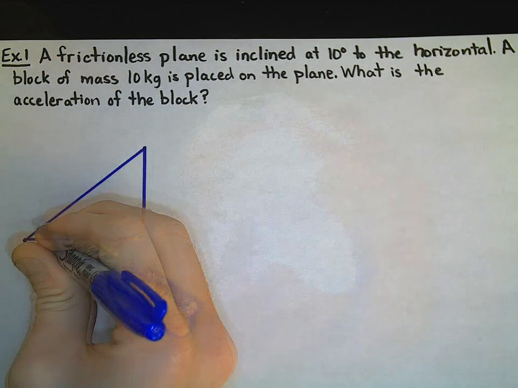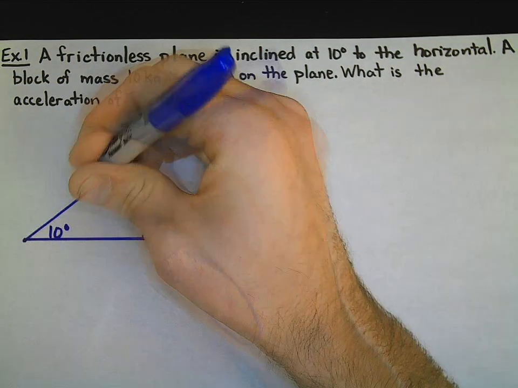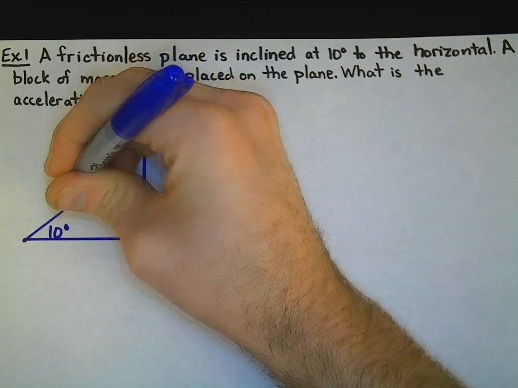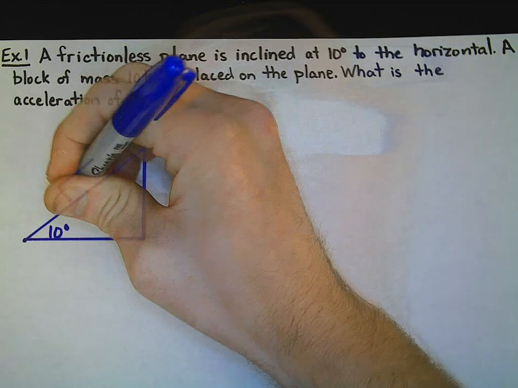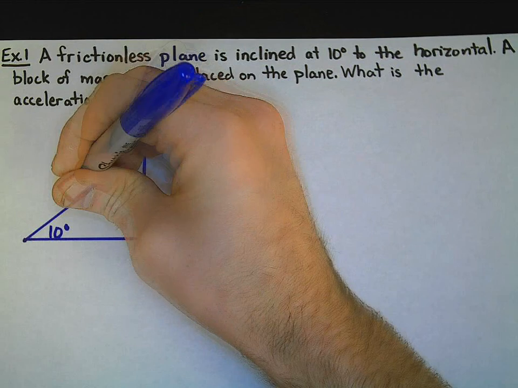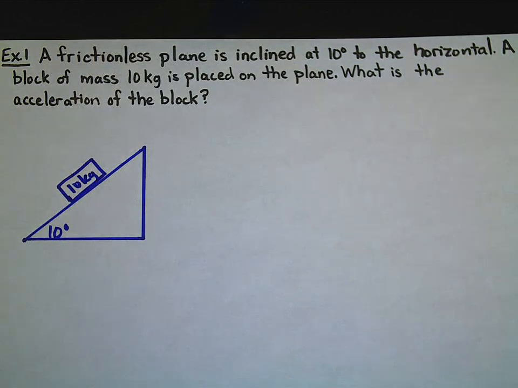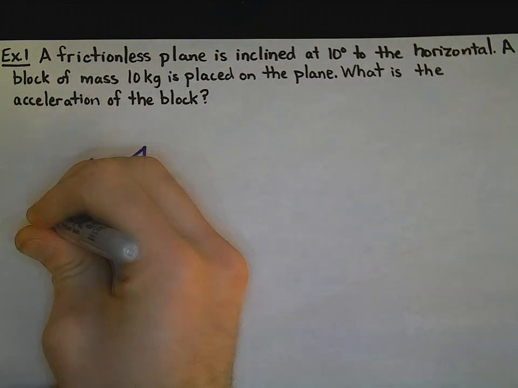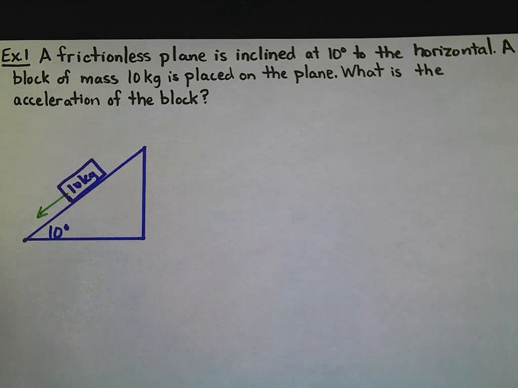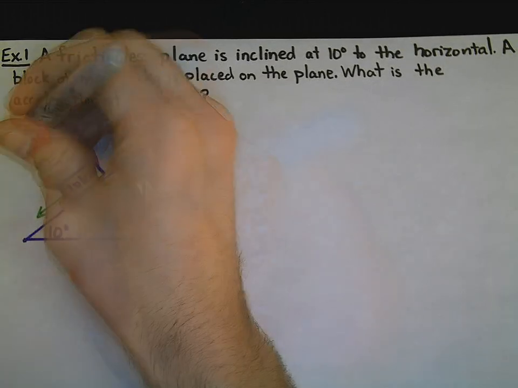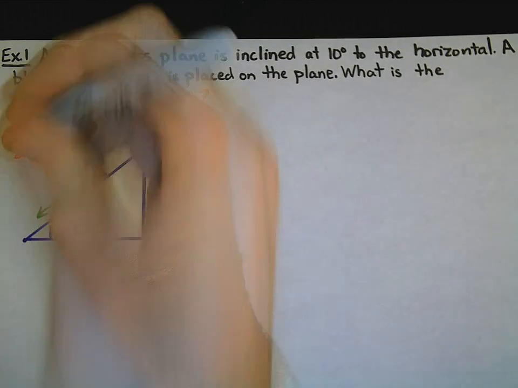And at 10 degrees to the horizontal, we have some block here of mass 10 kilograms, and we're going to assume that motion is going down the ramp. So we will assume in this case, yet again, down the ramp is going to be positive.